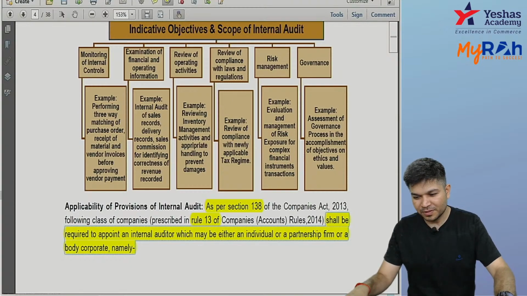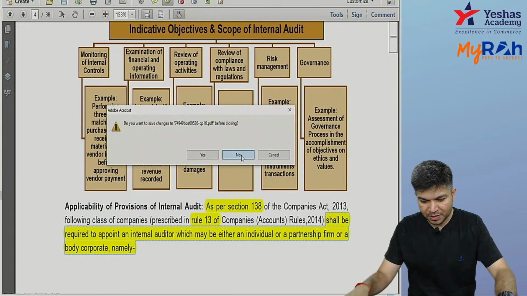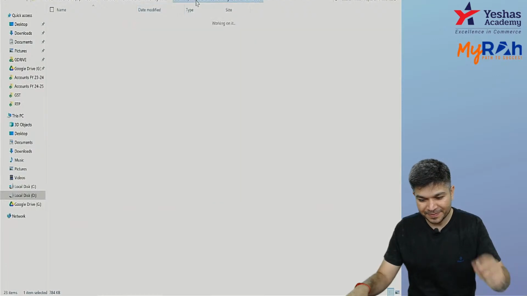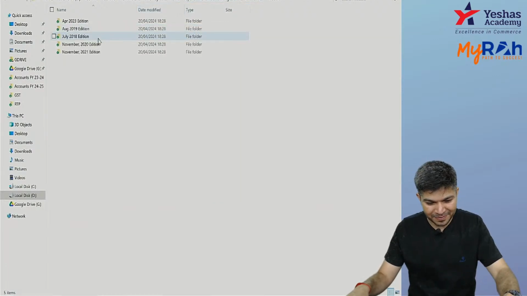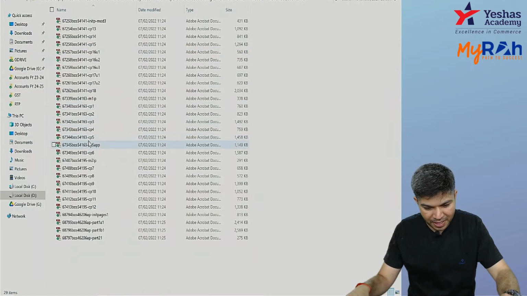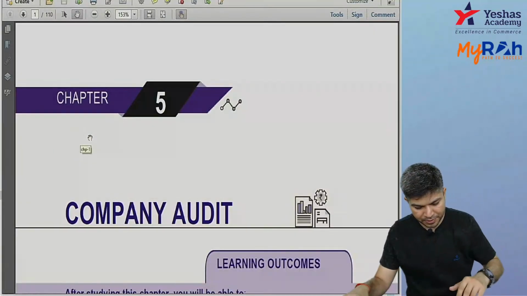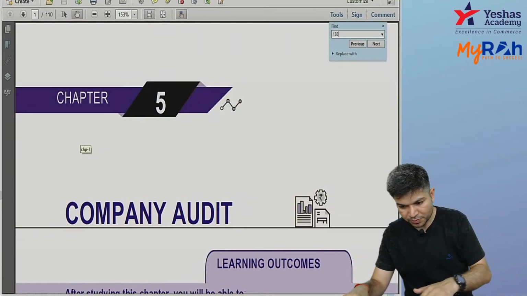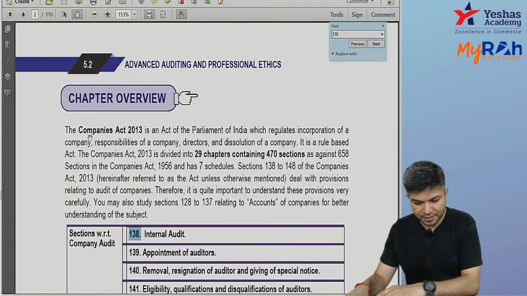But I tell you, this was dicey. If I open up the previous material, the November 21 edition, in the company audit chapter, I go to section 138.